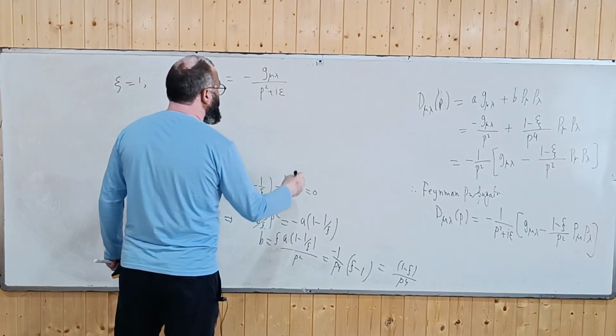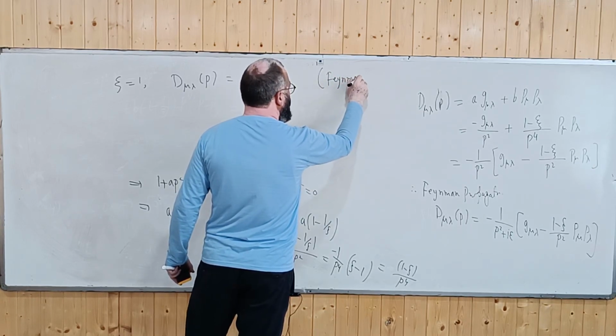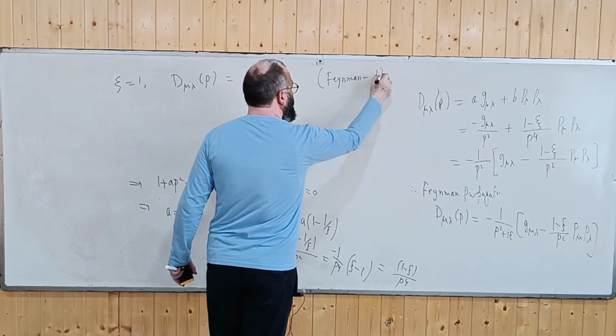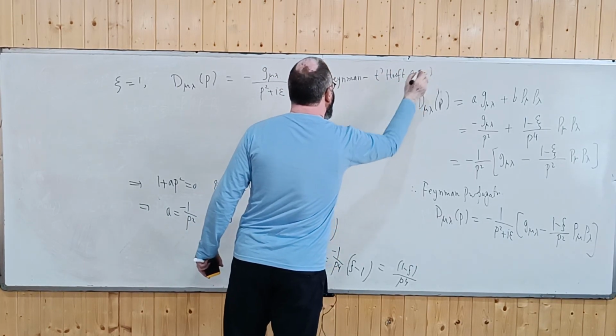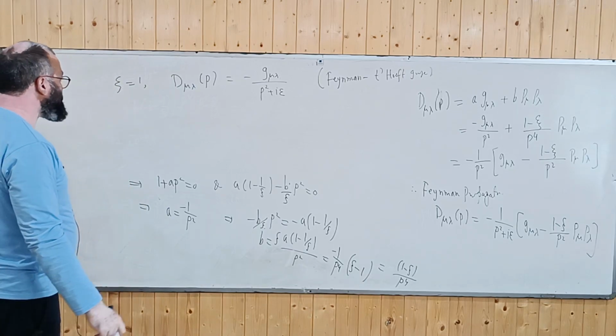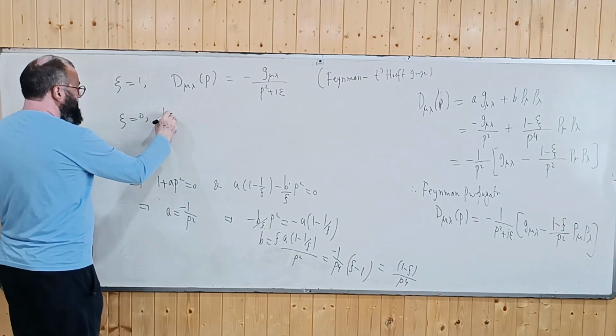This is known as the Feynman-'t Hooft gauge. If I choose zeta equal to 0, we call this the Landau gauge.